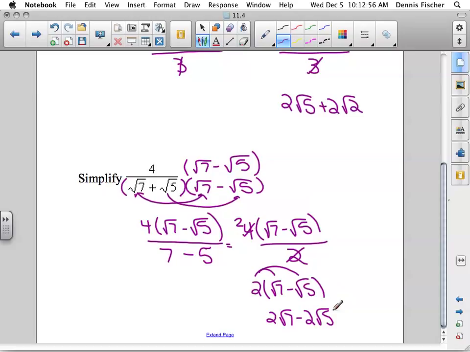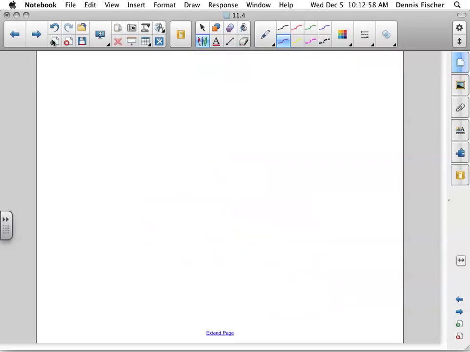Okay, one more I want you to try. Rationalize. Multiply by the conjugate, the same thing that's in the denominator except with opposite signs.